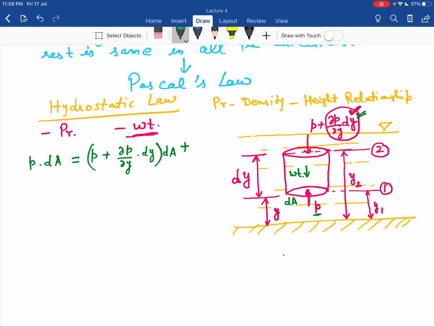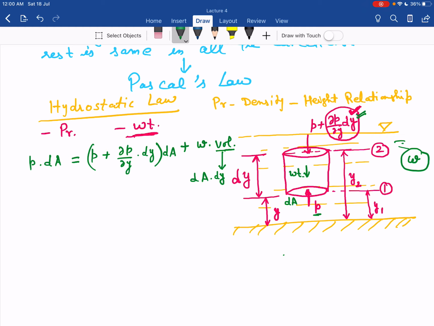Now the weight of this element we can write as the specific weight of the fluid, say W, multiplied by the volume of the fluid. The volume of this cylindrical element is dA, the area, into the height dy.